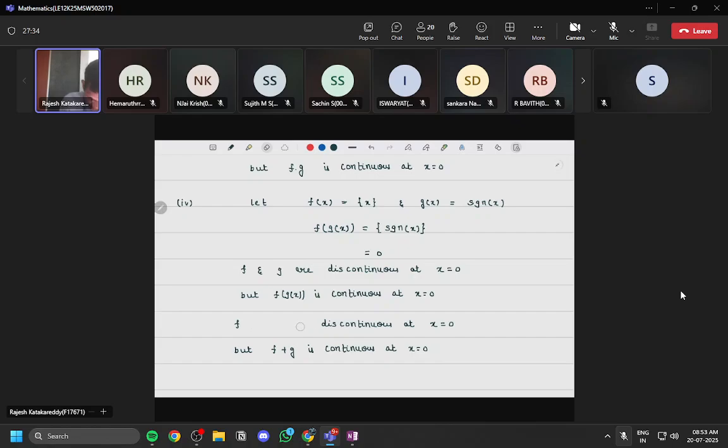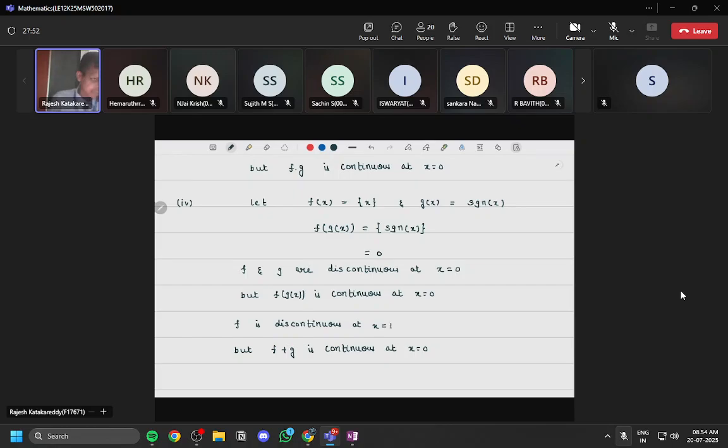I can rephrase this one. Here, f is discontinuous at x is equal to 1.